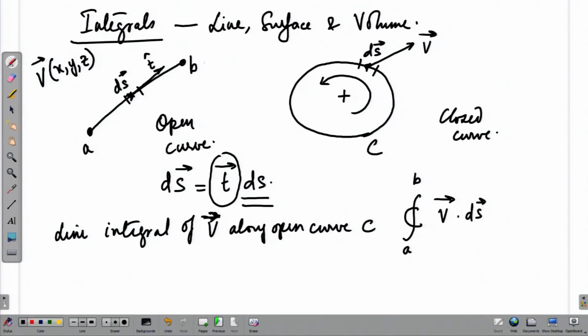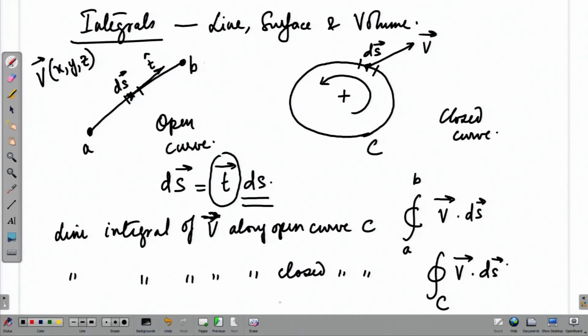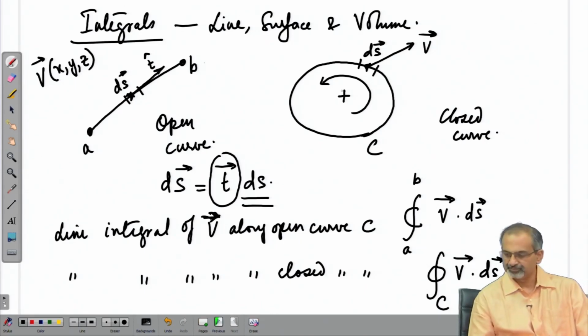You show the limits as A and B, while the line integral of V along a closed curve C, like the one we have indicated on the right, would be shown like this. When it is a closed curve, always remember that we are traversing the curve counterclockwise, where the area covered within the curve always lies to our left. So, this is the convention we have to follow.